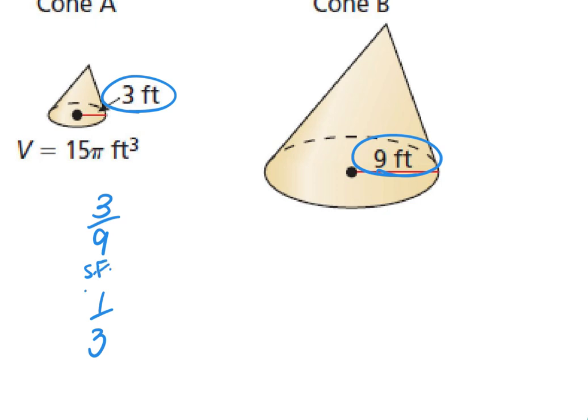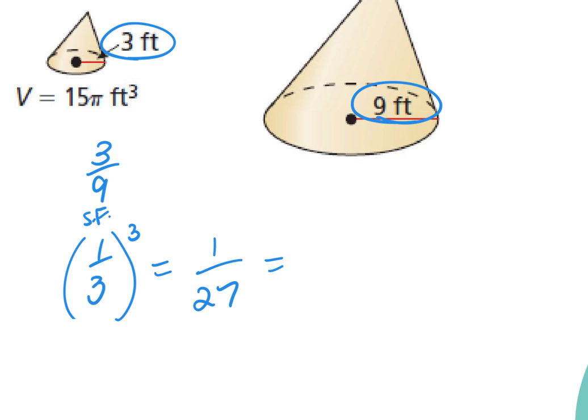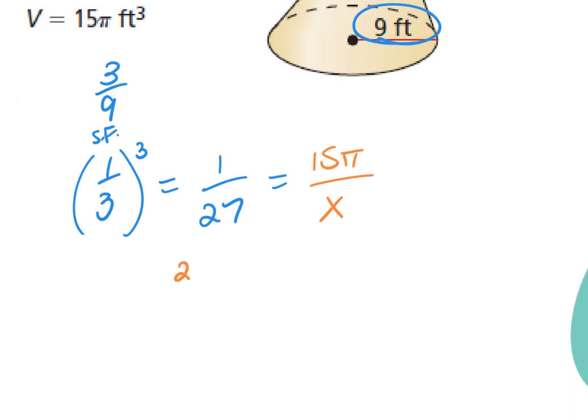And then to get the ratio of the volumes, I would cube each of those and I'd get 1 to 27. That equals the small volume over the big volume. Small volume is 15 pi. The big volume is what I don't know. And then I would just cross multiply. 15 times 27 is 405 pi.